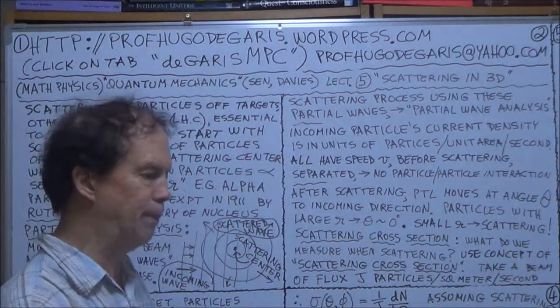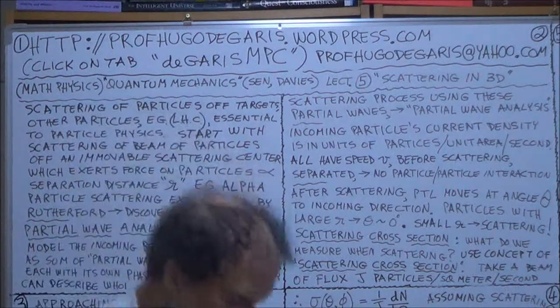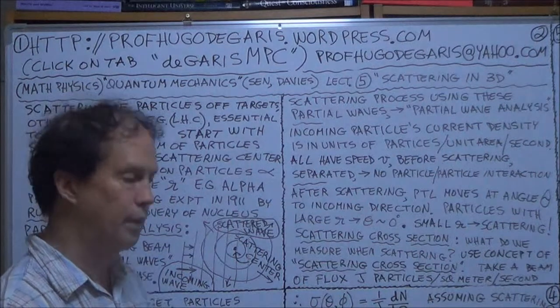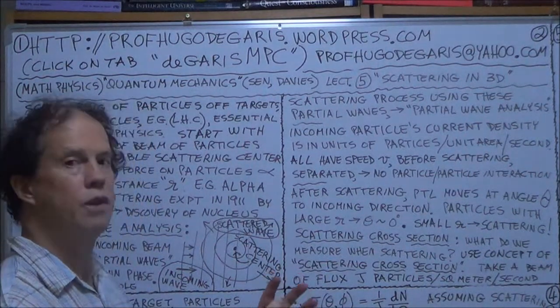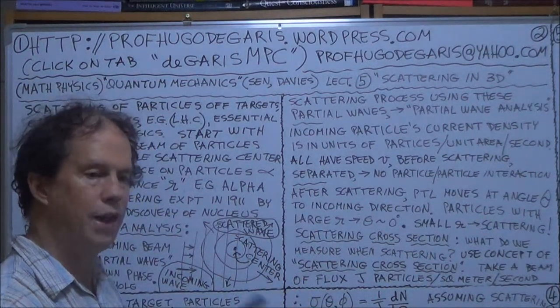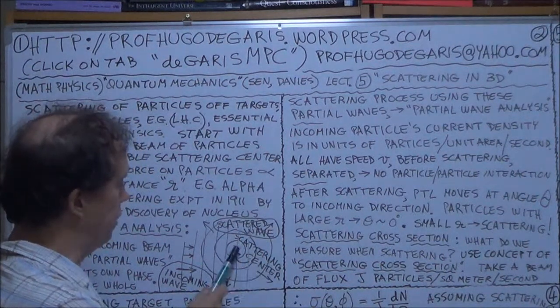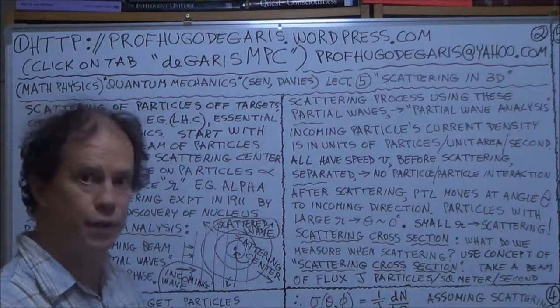Imagine a sphere of unit dimension, a radius 1 sphere, with the scattering center, the target, at the center of the sphere.